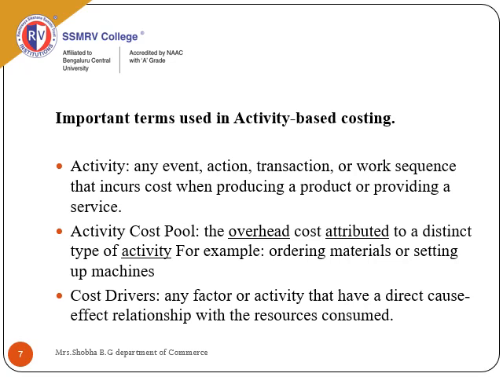For example, if sports is an activity, how many events are happening in the sports department is going to decide the cost of the sports activity, because depending on the number of sports events happening, they have to buy the equipment or the material or the things which are required to conduct the sports. Then if it is a purchase of raw material, how many times the material is bought or how many types of materials are bought is going to decide the cost of the purchase department. So the number of times that particular event happens is called a cost driver.